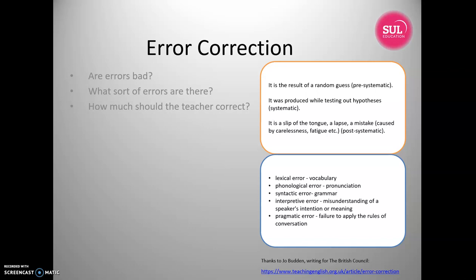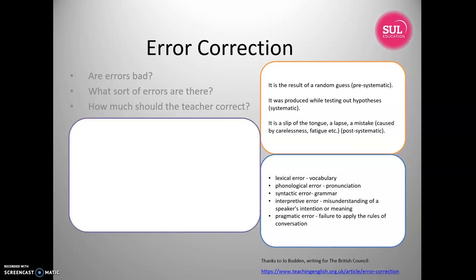However, if students have had time to prepare a role play and then they're going to perform it, you may want to encourage accuracy. Be clear about the aims of the task and make sure the students are aware what you expect from them. Don't present an activity as a fluency task and then pick them up on every single mistake.